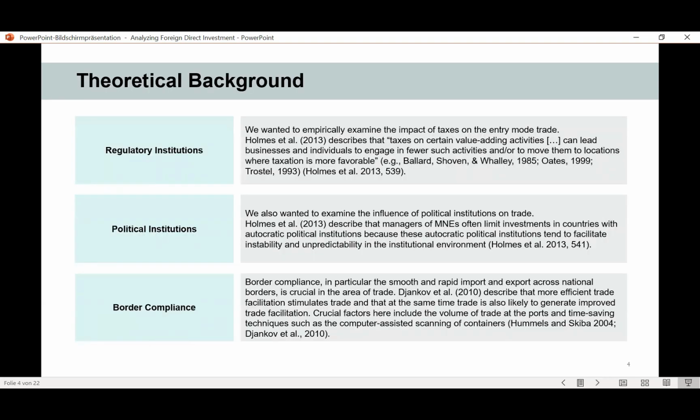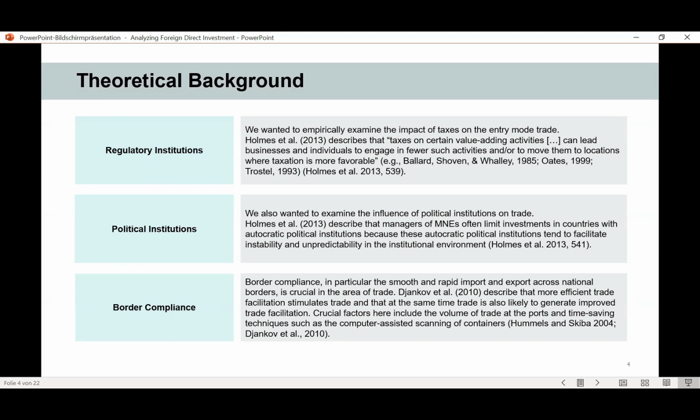Now I would like to go more into detail on how we developed our hypotheses. We wanted to empirically examine the impact of taxes on the entry mode trade. Holmes et al. describe that taxes on certain value-added activities for foreign firms can influence firms and individuals to take fewer of these activities and/or to relocate to locations where taxation is more favorable.